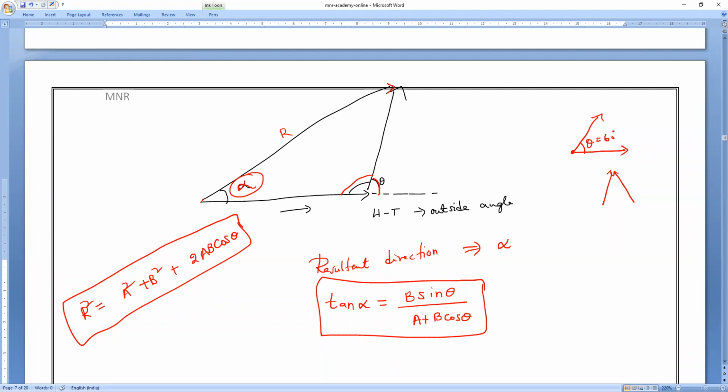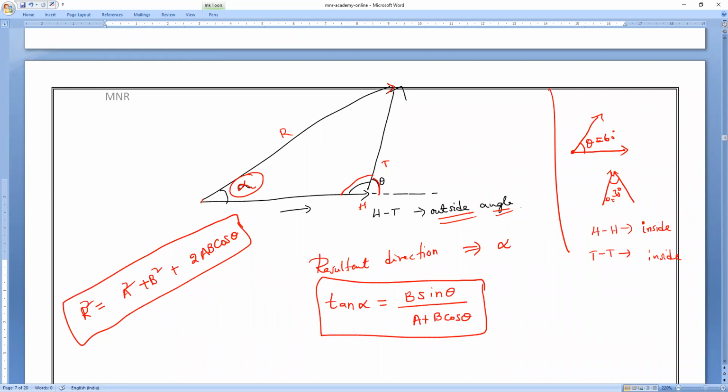For tail to tail, we have to take the inside angle. For head to head also, for example, theta is equal to 30 degrees, we take the inside angle. Now, if it is head to tail, we have to take the outside angle. That is very, very important. Understood or not?